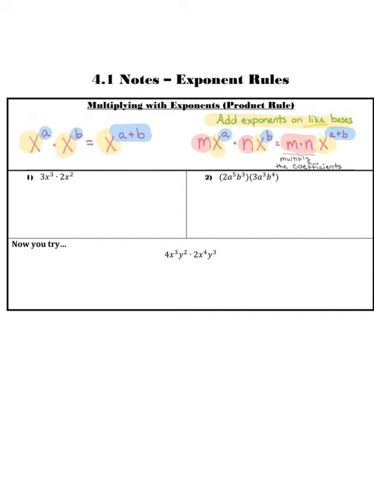Now let's see if we can put these ideas together for an example problem. So number one says 3x to the third, and then that little dot means multiplied by 2x to the second. So notice the coefficient 3 and 2 is going to be multiplied together. So I'm going to start with 3 times 2 for 6.